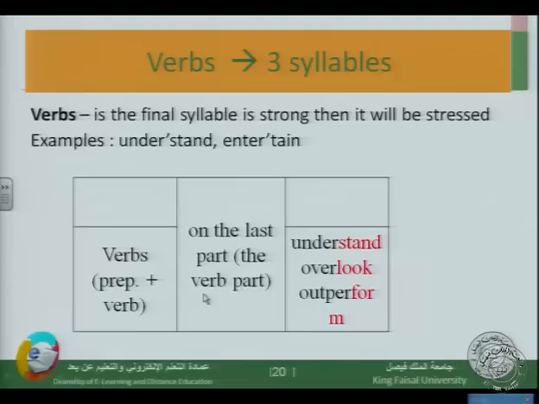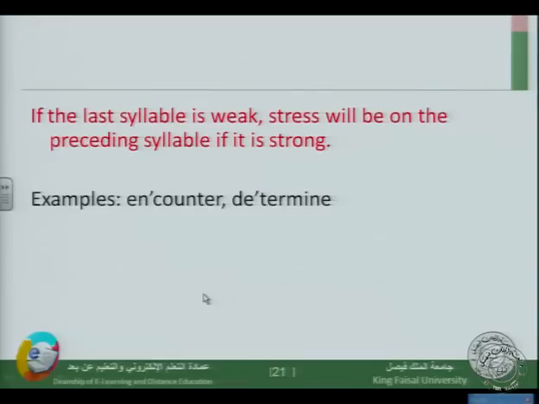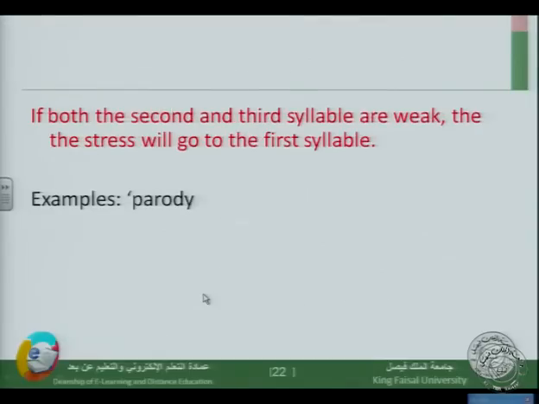You should put the stress on the last part, like understand, overlook, outperform. If the last syllable is weak, stress will be on the preceding syllable if it is strong. Encounter, determine. And we talked about weak syllables in the lecture two lectures ago. If both the second and the third syllable are weak, the stress will go on the first, like parody.